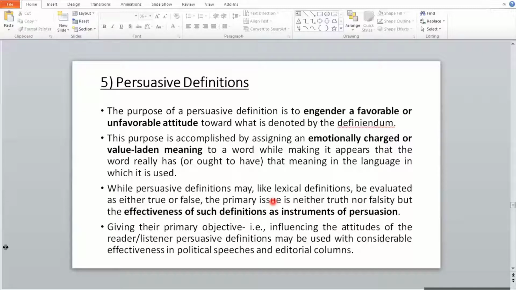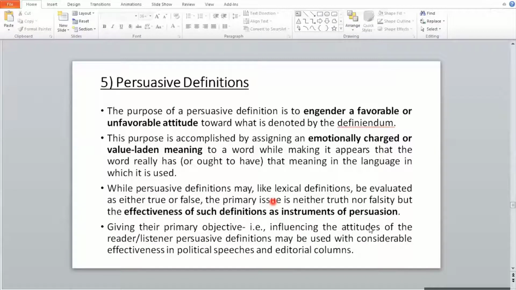So while persuasive definition may, like lexical definition, be evaluated as either true or false, the primary issue is neither truth nor falsity, because its purpose is to persuade or change the attitudes of others in line with your interest.